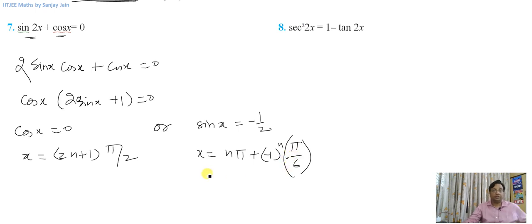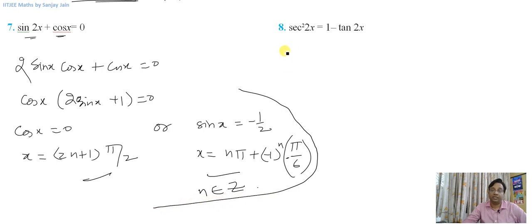Alright, so this is my general solution and n belongs to integers. And what about this? This is secant square 2x and tan 2x. So my endeavor is to bring this equation into only one trigonometric ratio, that is tan, right? Secant square x is equal to 1 plus tan square x. So I'll write the left hand side as 1 plus tan square 2x, and the right hand side is 1 minus tan 2x.